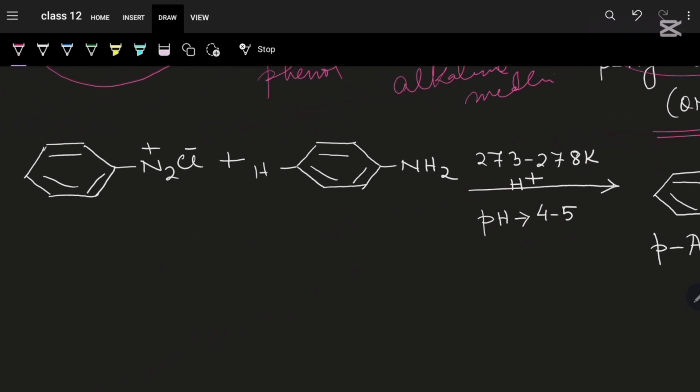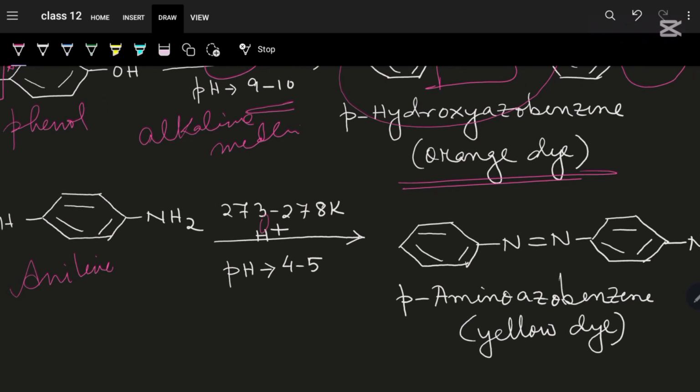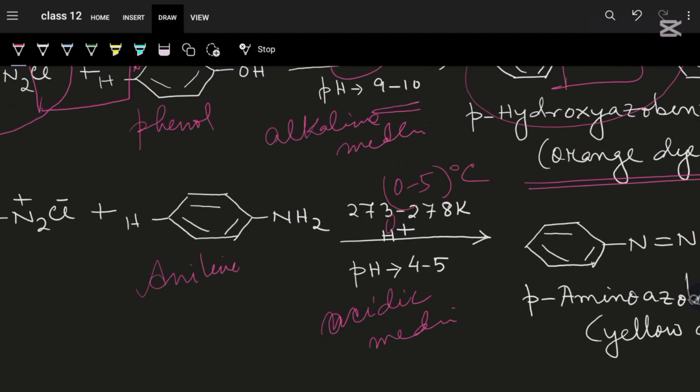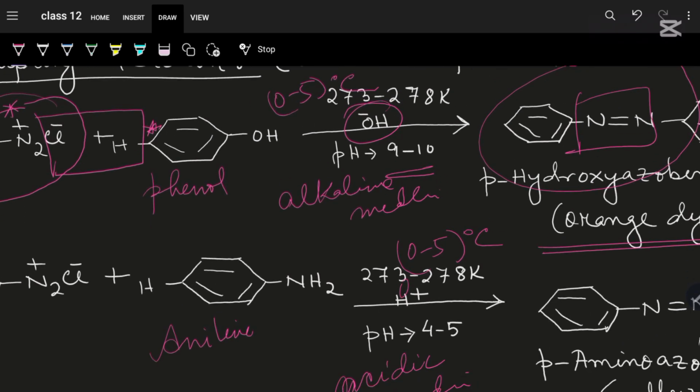Now in the other one, this is the reaction with aniline, and the same thing, it is being done at 0 to 5 degrees Celsius, but the medium is not alkaline, the medium is acidic with a pH of 4 to 5. So in acidic medium, if you remember, aniline is dissolved in dilute HCl, and so you get an acidic medium.